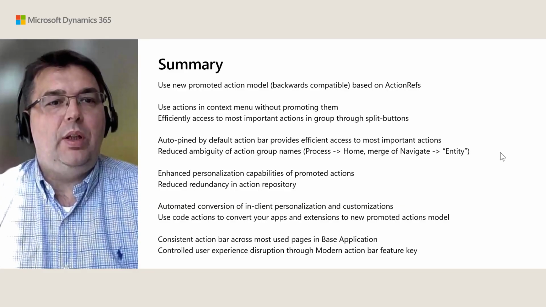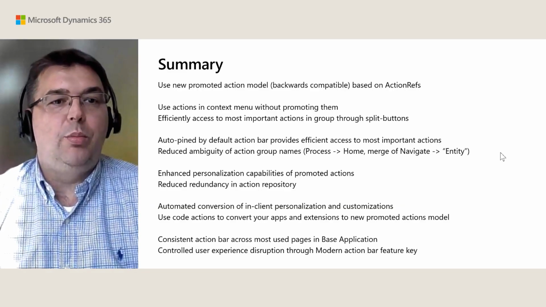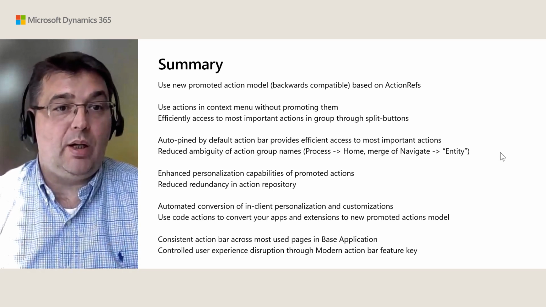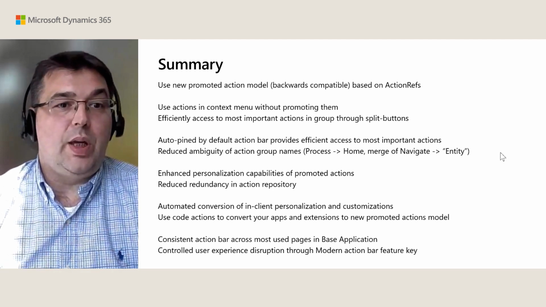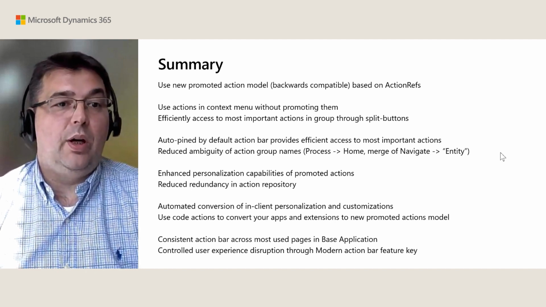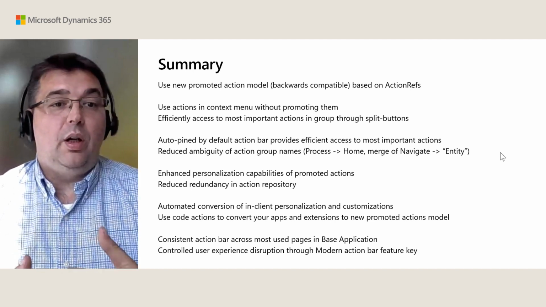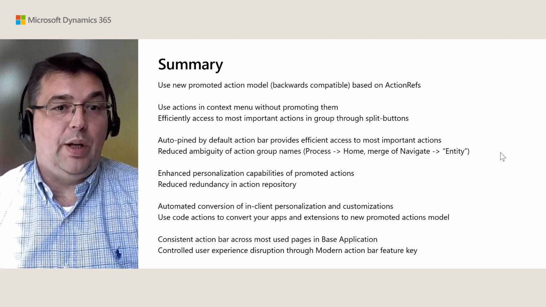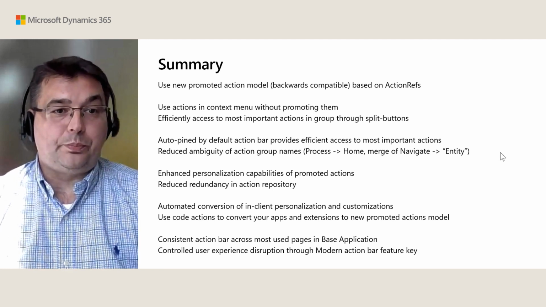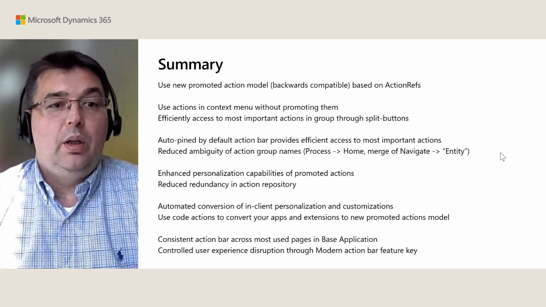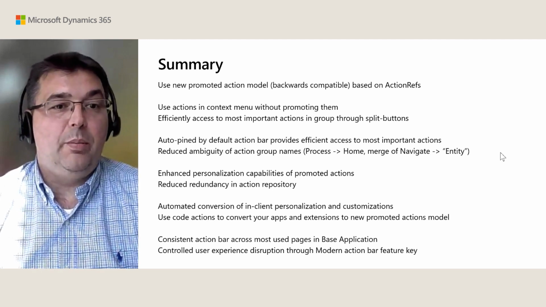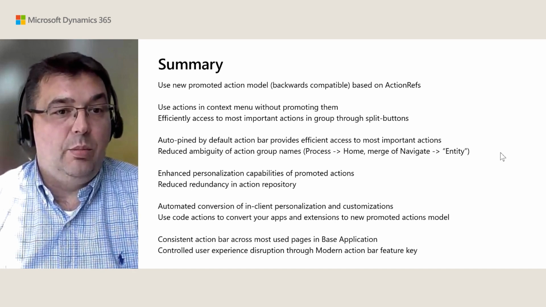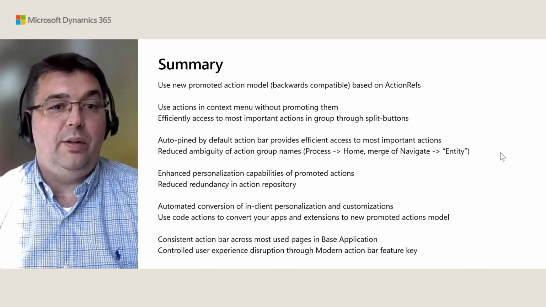So it's time to sum things up. What you've seen Peter present was a new promoted action meta model that is backwards compatible. You've seen that you can now use actions in the context menu without promoting them. You've seen how much more efficient the Modern Action Bar is in terms of showing the most important actions in the group and utilizing split buttons. You saw Modern Action Bar using auto pinning as a default.